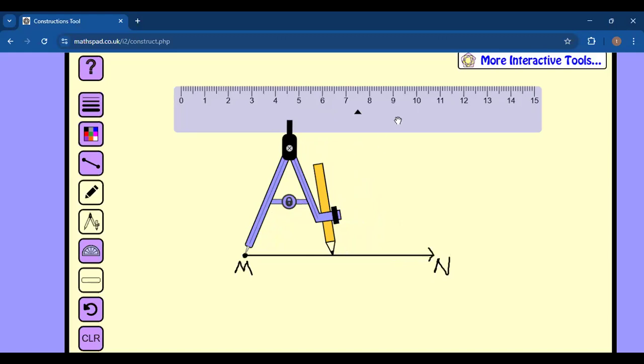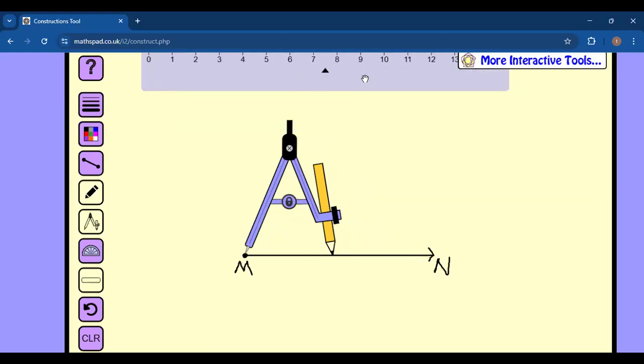How do I lock it in real life? Your compass automatically stays in position once you don't move it. So you just don't adjust it in real life.